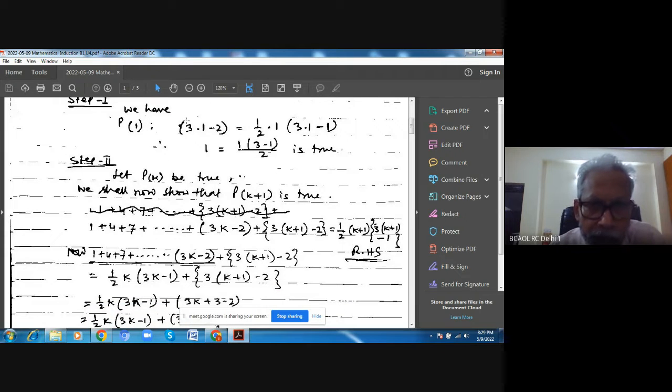Earlier, in the case of k, we put 1. Now here, in place of k, we have to put the complete thing, k plus 1. So as usual, 1 plus 4 plus 7 plus this. Now here actually you see this part is there. Now it is 3k.